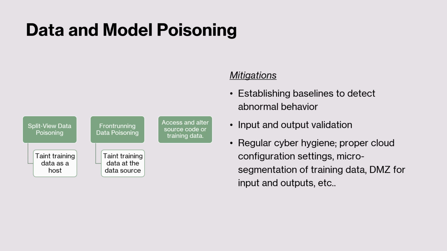The other thing that they do is they access and alter source code, or they alter the training data. A good example of this is Clearview AI, which was using its trained data set for facial recognition software for law enforcement agencies. Well, this researcher was able to access it, to be honest with you, with very little effort.